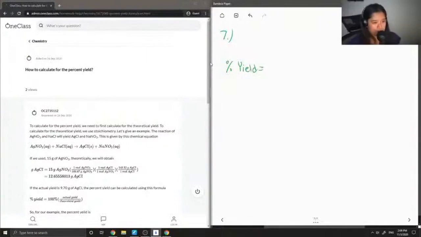And basically, this is your actual yield. And by actual yield, I mean the mass that you obtain in your actual experiment. So your actual yield will be divided by your theoretical yield.